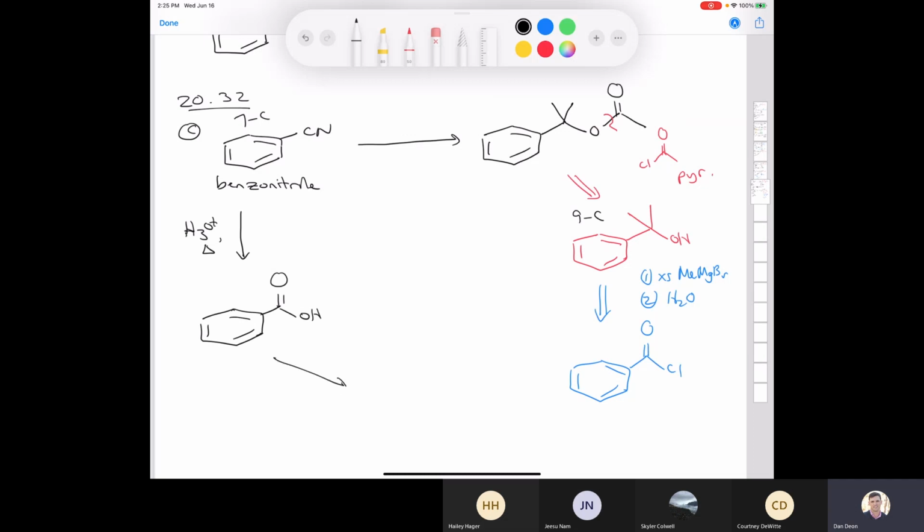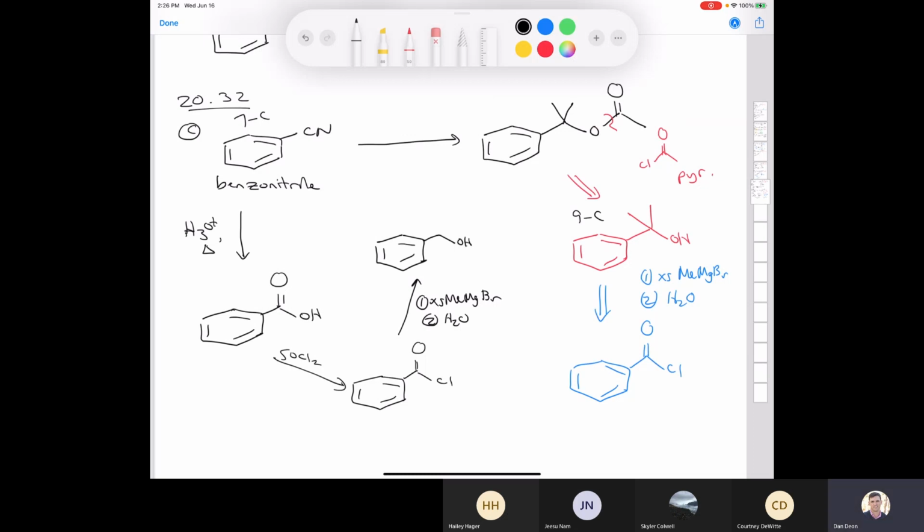Right, then we can treat it with thionyl chloride, and we make the acid chloride. So this is benzoyl chloride. Okay, then we're going to treat it with excess methyl magnesium bromide, followed by treatment with water. That's going to give us the tertiary alcohol that we want.